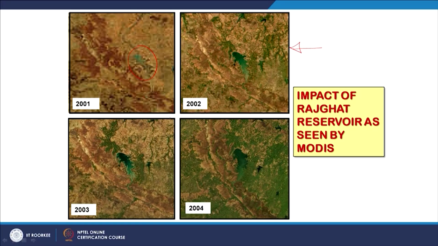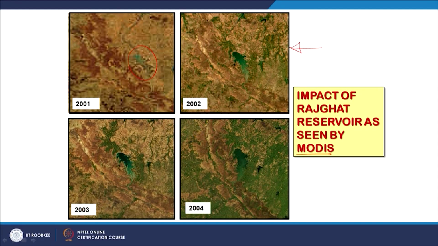If you notice, these are true color images from a MODIS sensor, and what you would see is that in 2001 there was hardly any growth of vegetation. Here you start seeing greenery in 2002. Remember, just in 1 year. If you go to the third year, 3 years after that, you would realize that the entire area has almost become green.